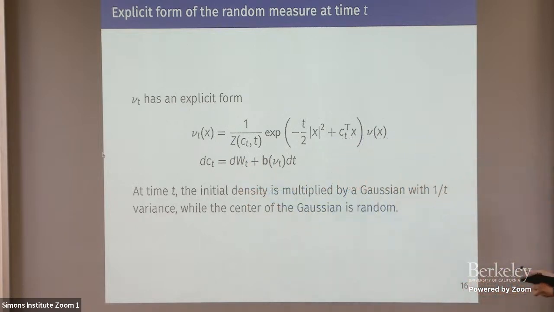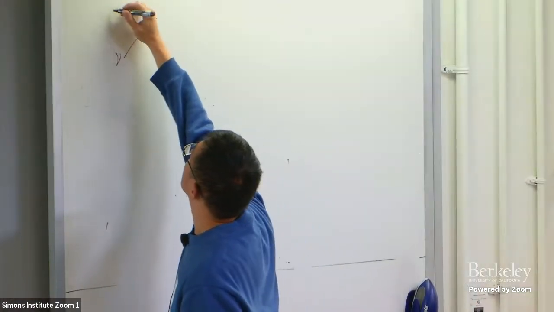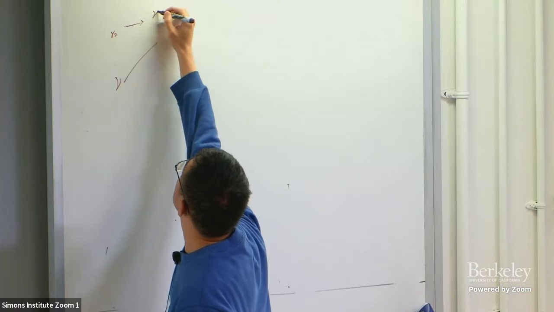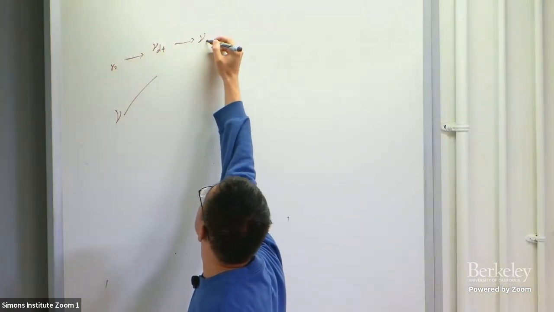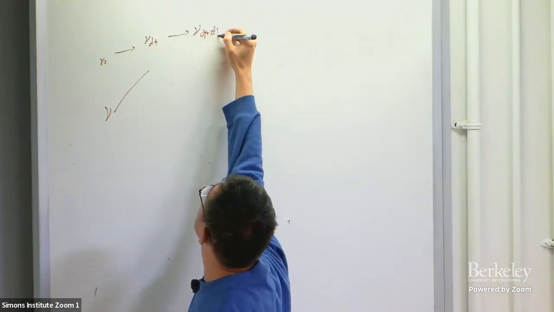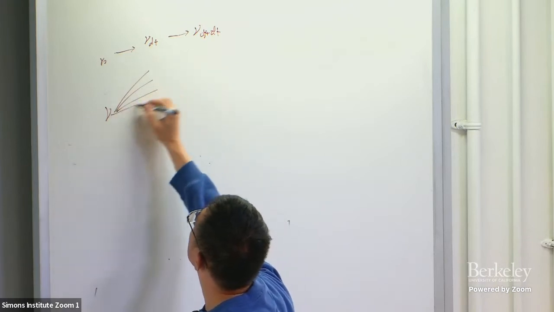So the picture we had still works, but you have many more measures, from mu t to mu t plus dt, and then many more measures.